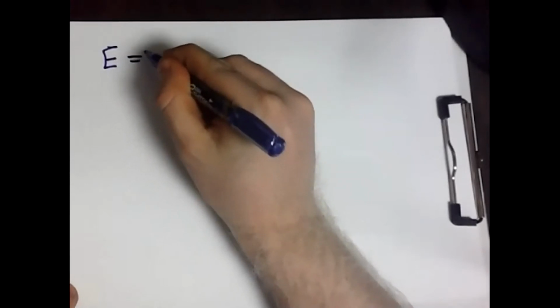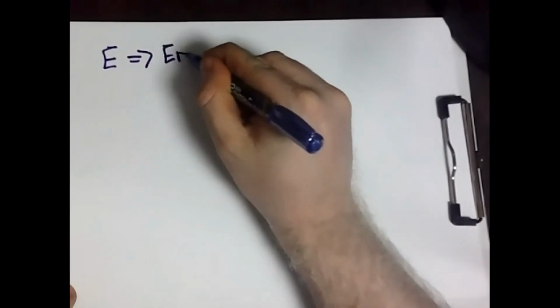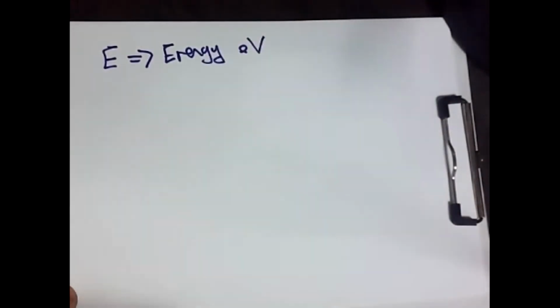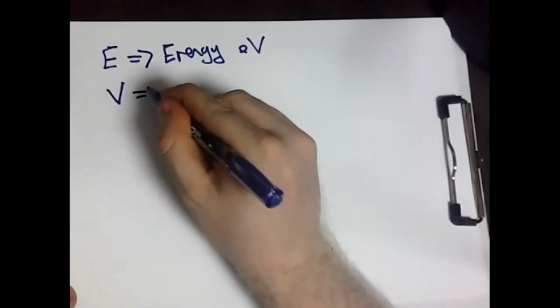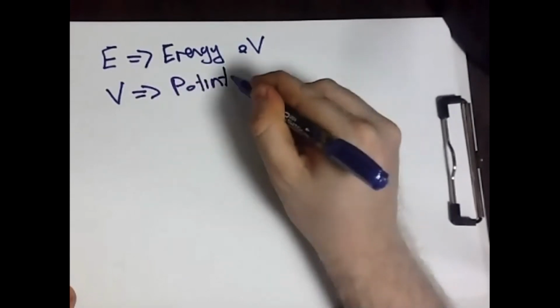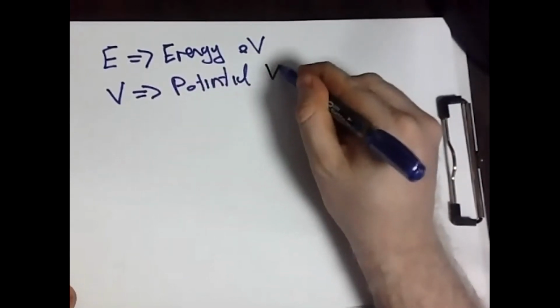So we have the energy, we call it E, with the unit electron volt. We have V, or what we call the potential, with the unit volt.